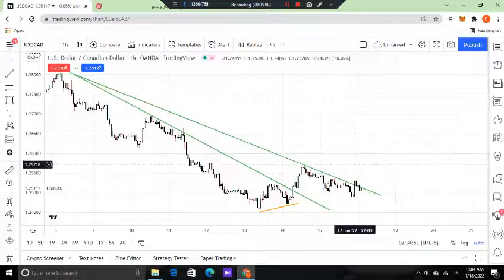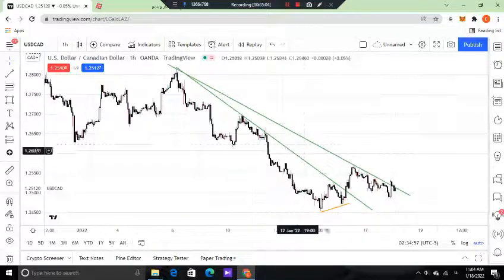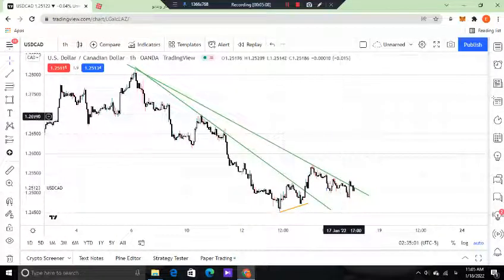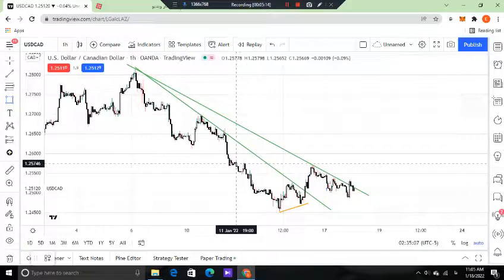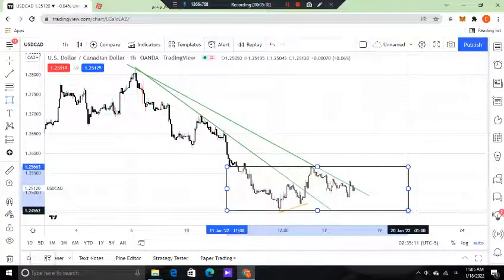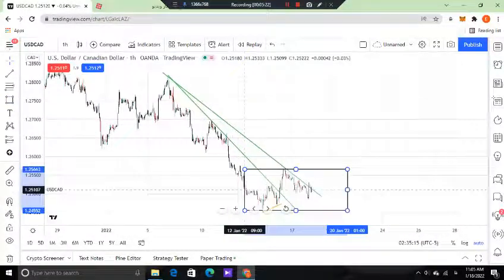At this time, I can say it's not a bear trend, but it's not a bullish trend either yet. The best thing we can call it is a trading range.